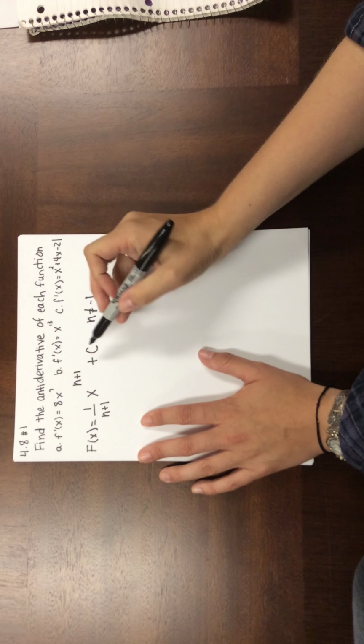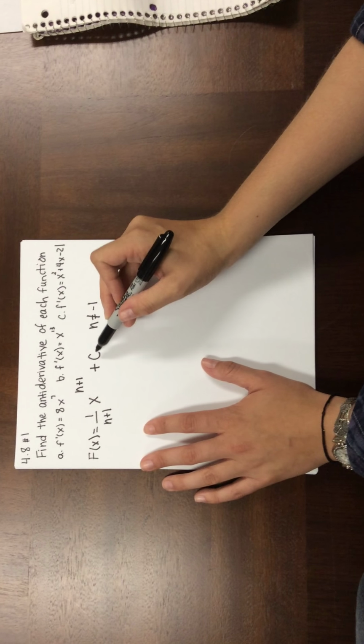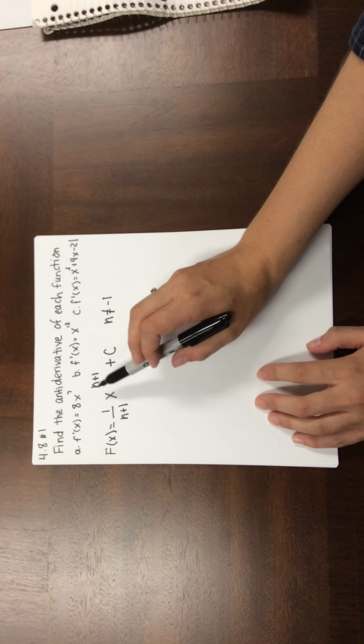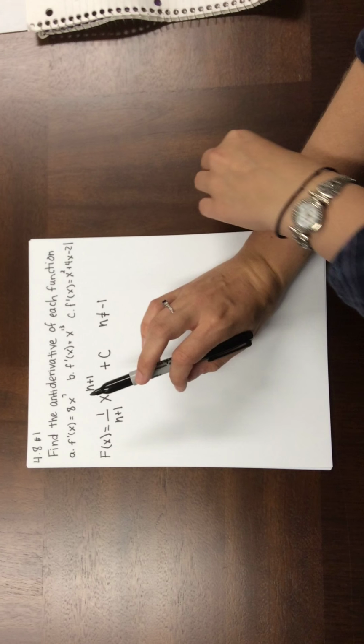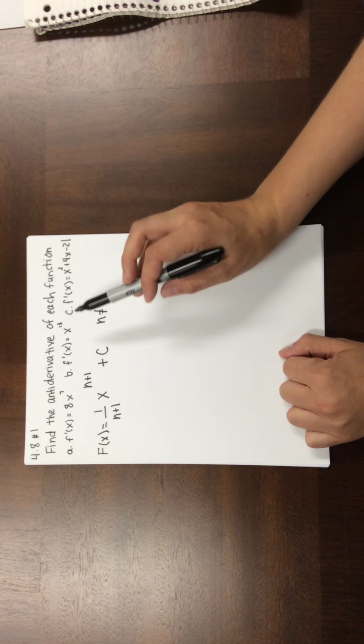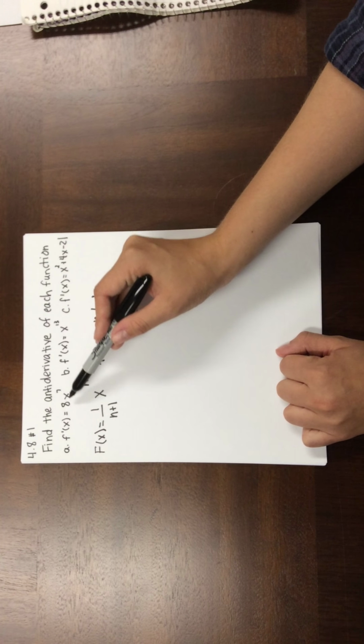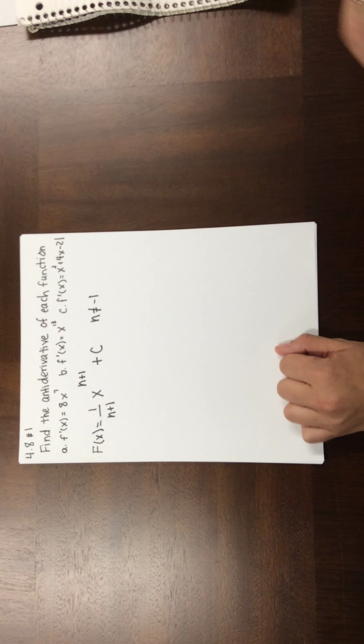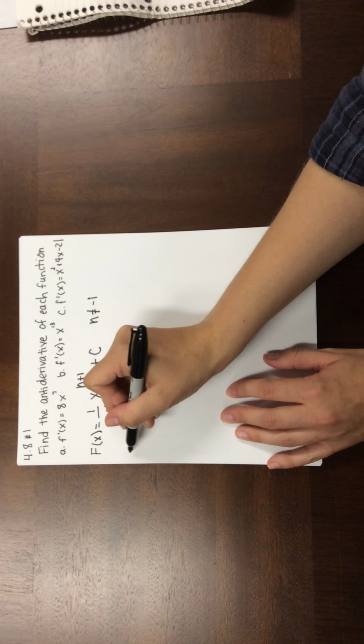And the c is standing for the constant, so 5, 25, any constant number, and n is the original power that the function of the derivative is being raised to. So in this, looking up here at 8x to the 7th, n would be 7 here.